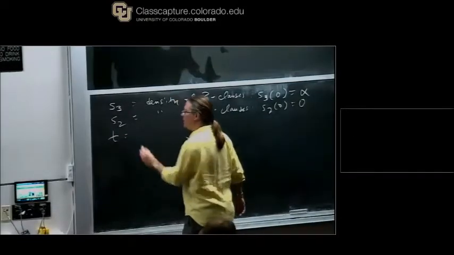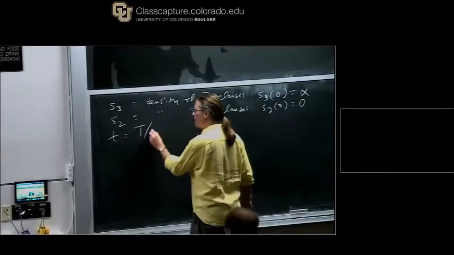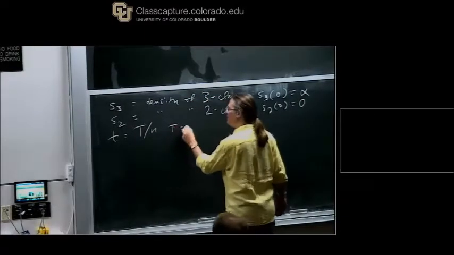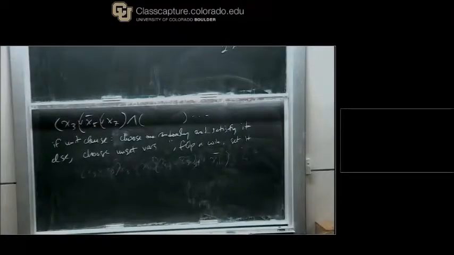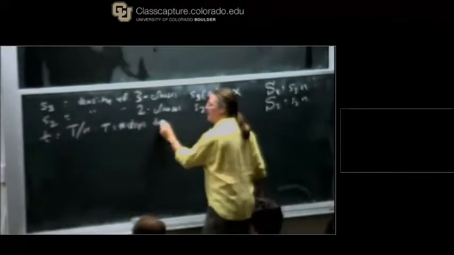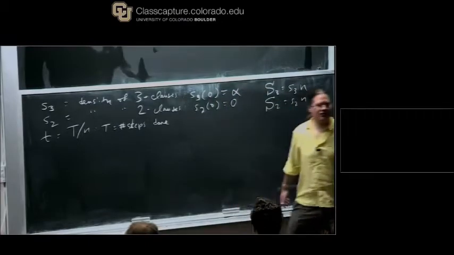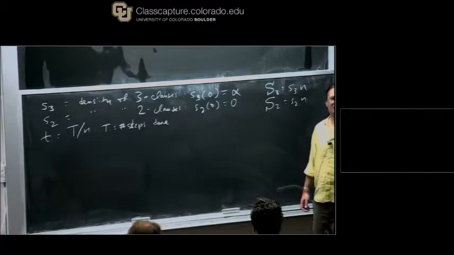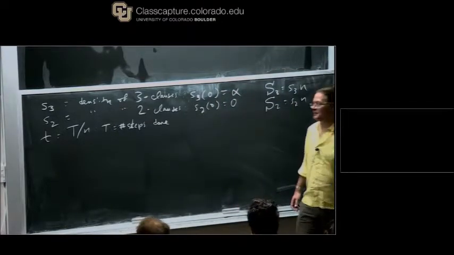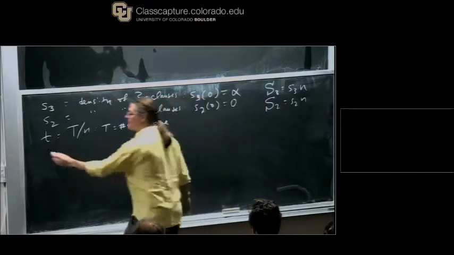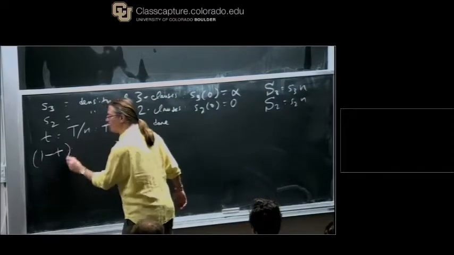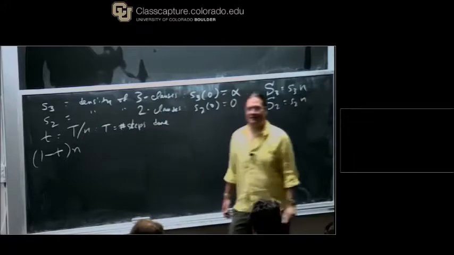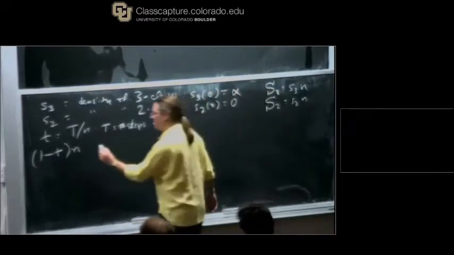T will be capital T over n, where T is the number of steps we have done. And since in each step we set one variable of the n variables permanently, this means that the number of variables remaining that are not set yet is 1 minus t times n.